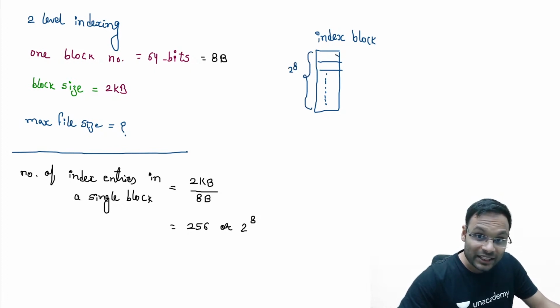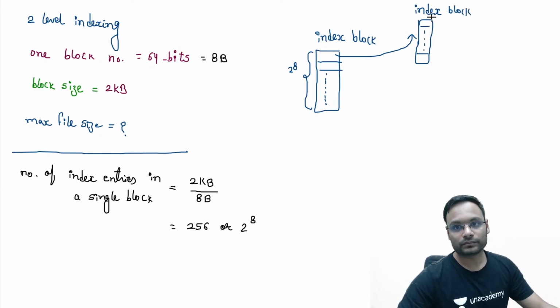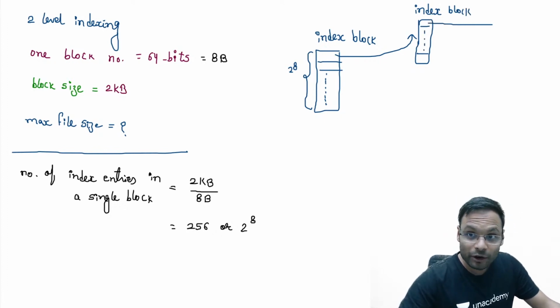Now each entry will lead you to another block, which is another index block. It is not having the file, but it is having another index block, and that index block can keep 2 power 8 entries more, and each entry will be of a block.